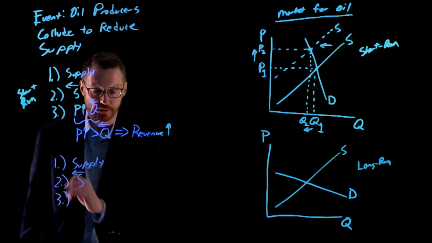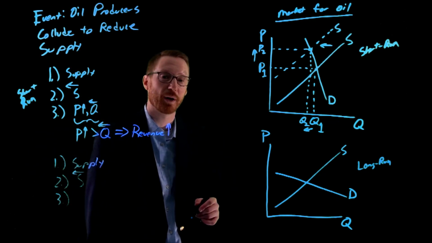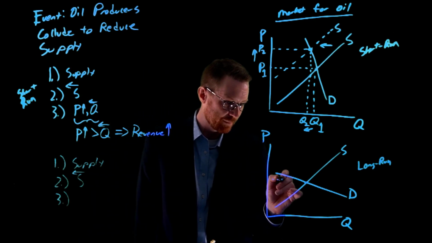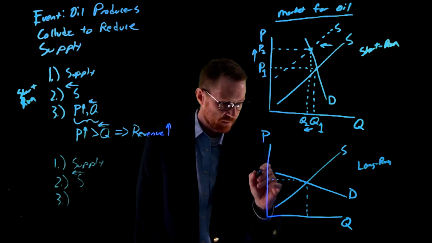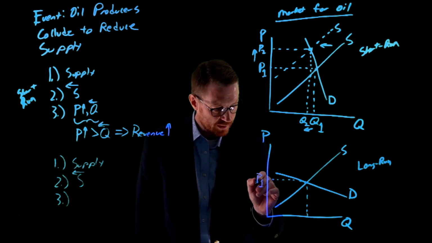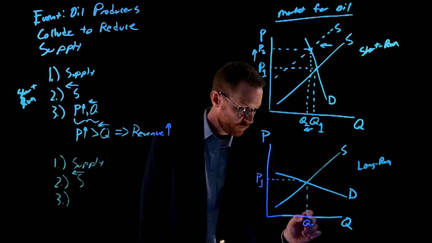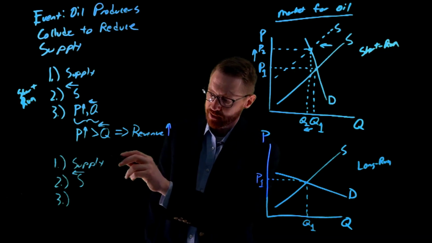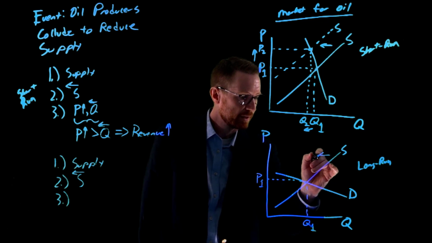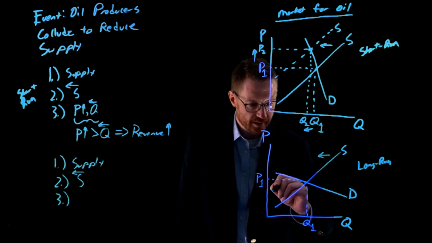So our third step, draw it in and see what happens. All right, so where did we start out before this shock happened? Mark that in. So we've got our initial price. We can call it P1, Q1. And then we said the supply curve shifts to the left. This collusion is reducing supply.